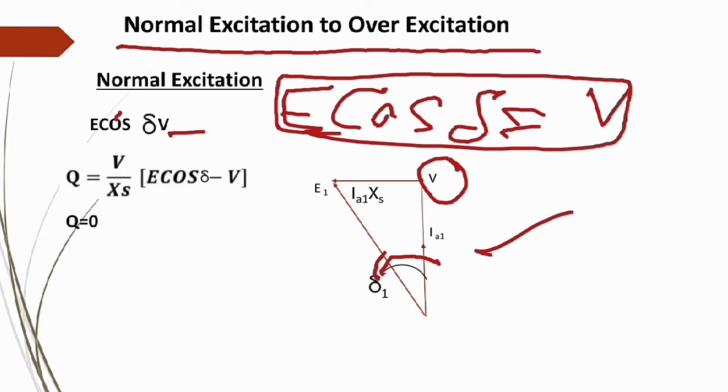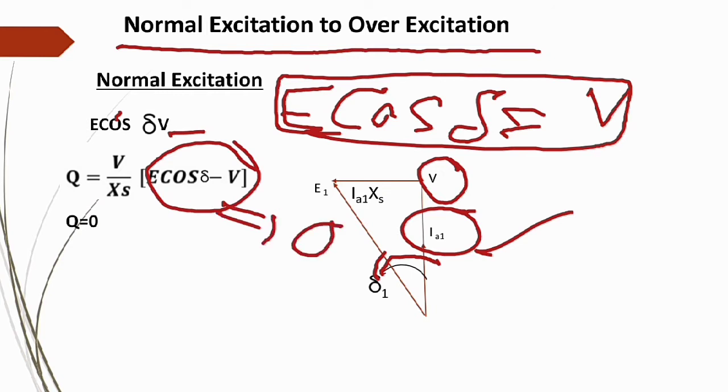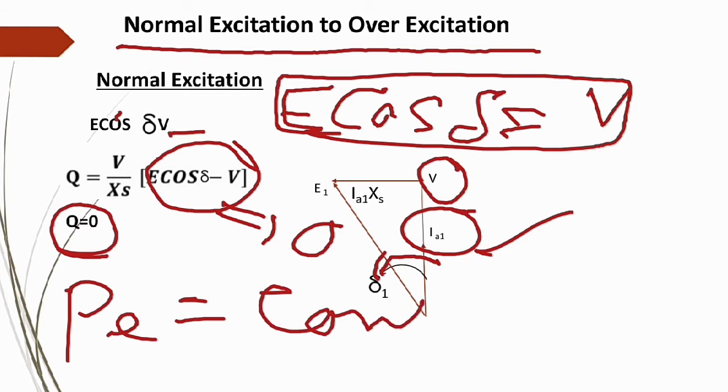Here the current is minimum actually; we will see why. And since E cos delta equals V, this value will be 0, so the reactive power is 0. In normal excitation only active power will flow, because we consider the electromagnetic power must be constant.